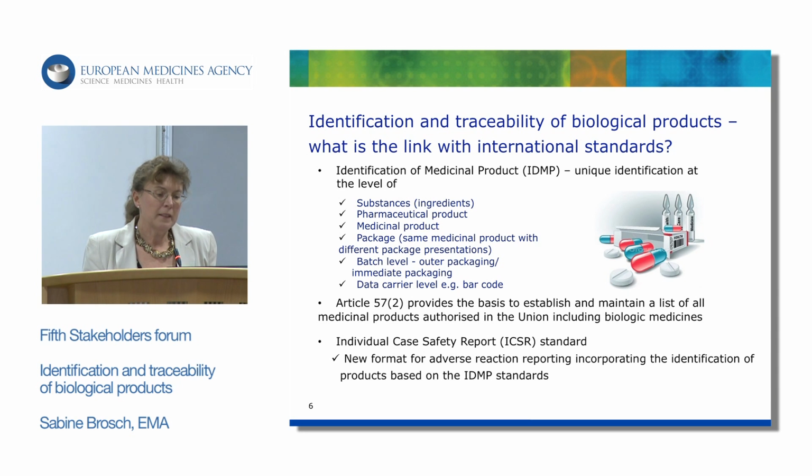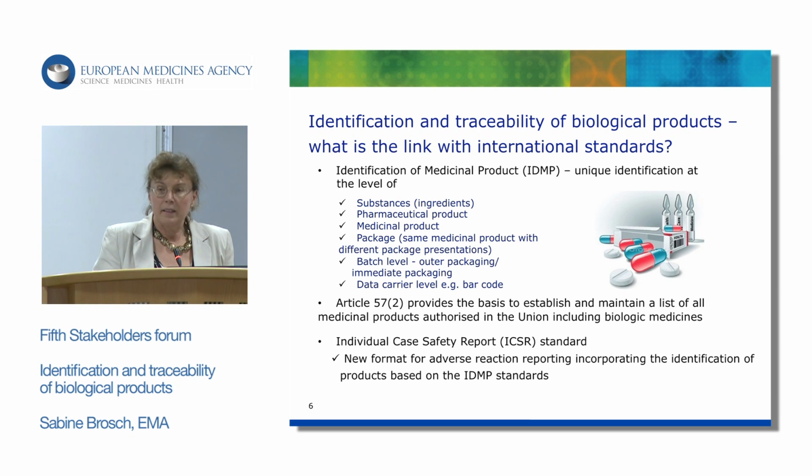For biological medicinal products, again, quite important, identification can go down to the batch level. And all this is also linked to the data carrier that we have already in use. So the barcodes, which are linked again to the level of the medicinal products, that can be for the barcode on the outer packaging or for some complex medicinal products on the immediate packaging as well.